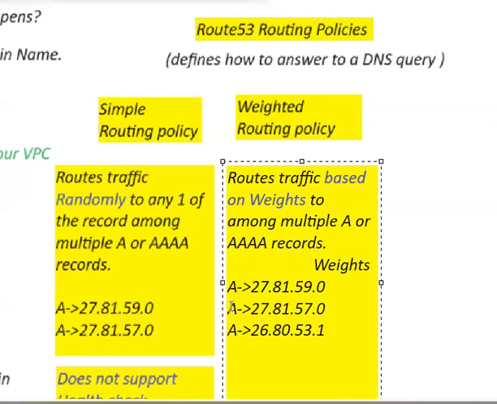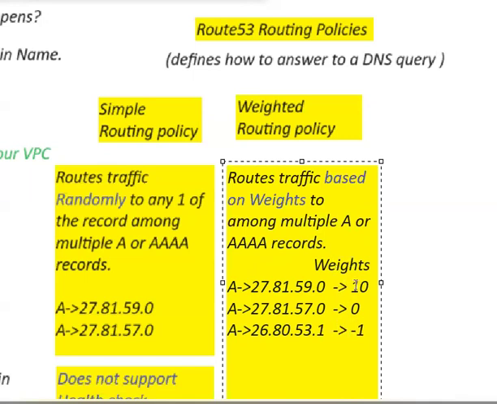So here we need to specify the weight for each and every individual record. Let's say you have these three A records that you stored. Now you assign the weights for these three. For the first one, you assign the weight of 10, for the second one, you assign the weight of 0, and for the third one, you assign the weight of -1.